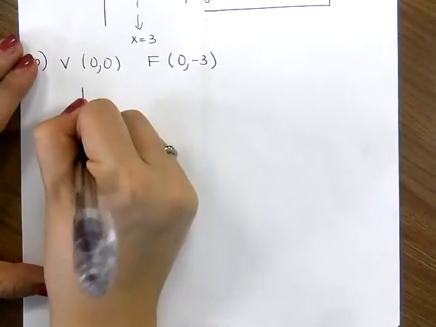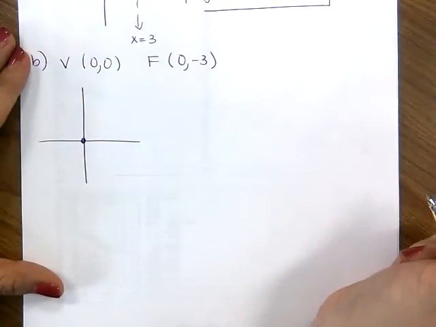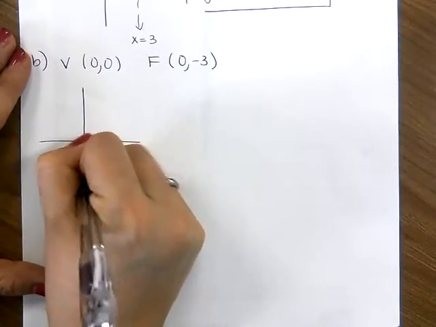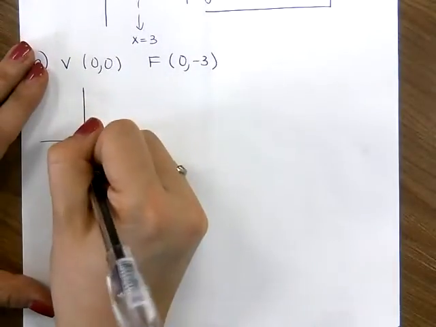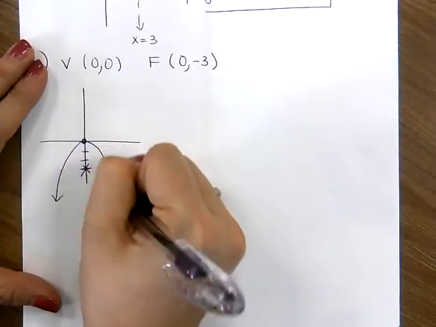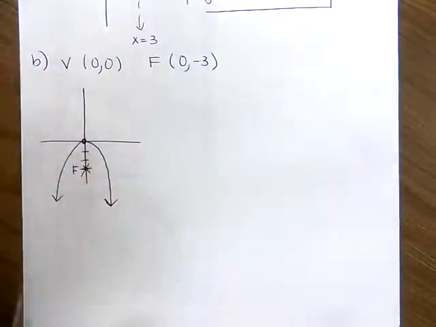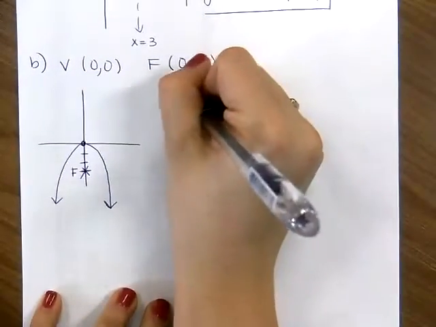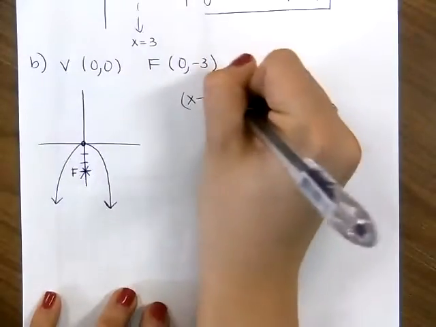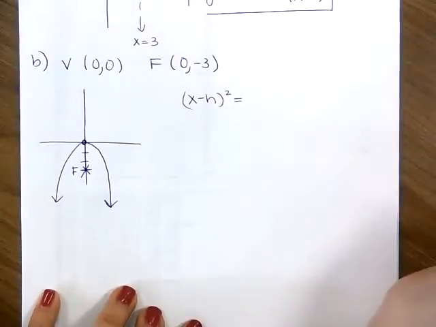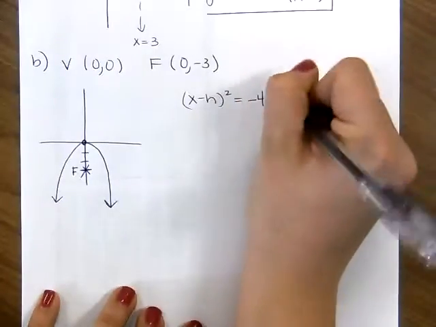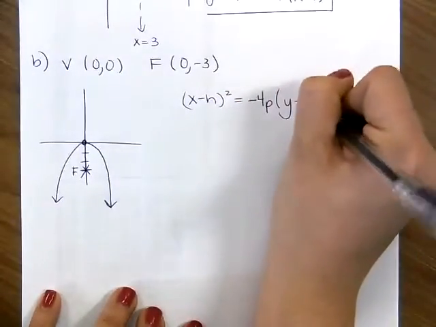Sketch. So 0, 0 is our vertex. We have a focus at 0, negative 3. That does mean it opens down, because the focus has to be inside the parabola. So we have x minus h squared equals positive or negative 4p? Negative. Negative 4p times y minus k.